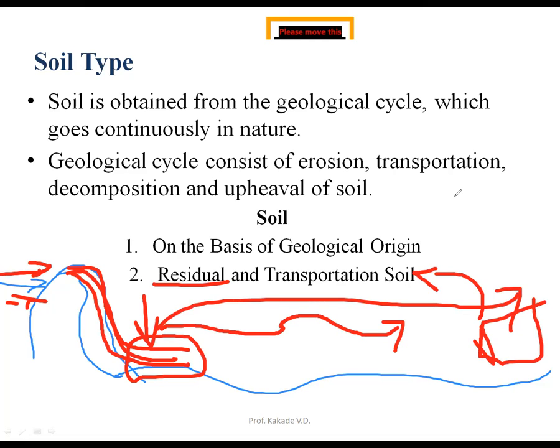An example is bentonite soil or black cotton soil. That soil was formed by the chemical reaction or chemical weathering of basalt, but it is found everywhere in India where there is a river or any other means. Okay, rivers transport this kind of soil.